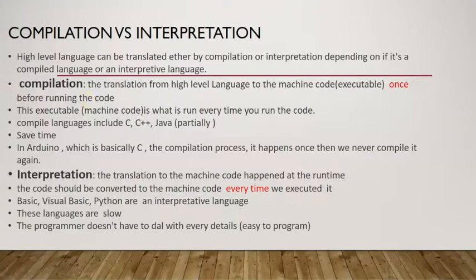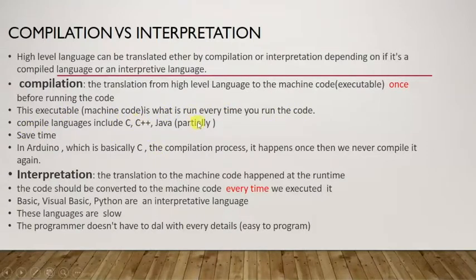You compile the code only one time. This executable, which is the machine code, we call it executable because it is what will be executed in your microcontroller, and it is what runs every time you run the code. So you compile the code once, you get the executable, and you use it every time you run the code.